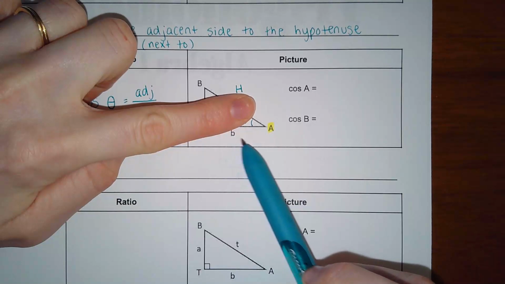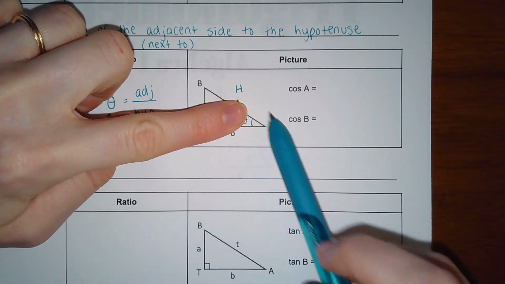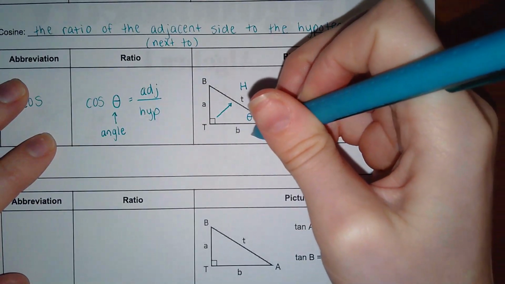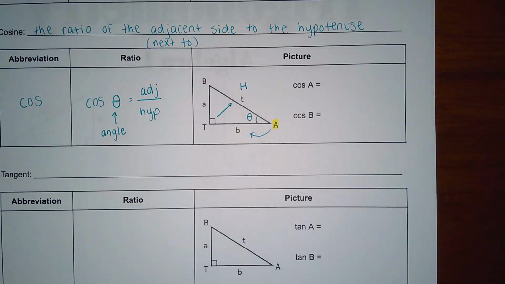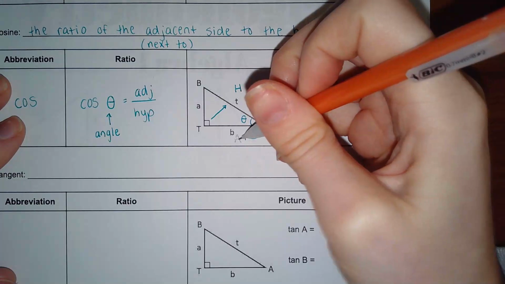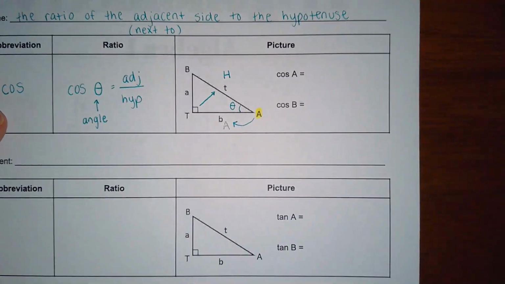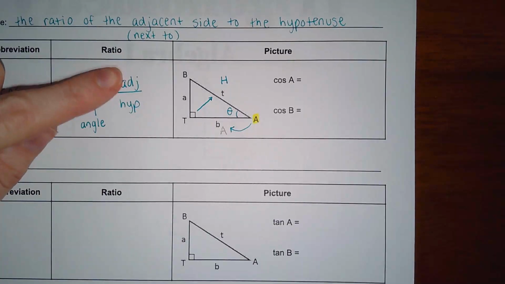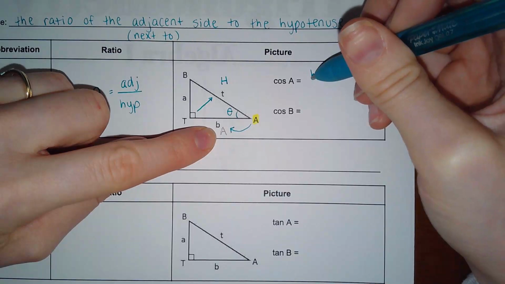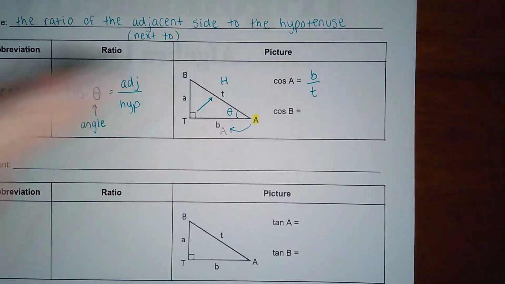Then this would be the other side next to angle A. So this side is next to it and this side is next to it. We're going to take the side that's not the hypotenuse, and we're going to call that our adjacent side. So if cosine is adjacent over hypotenuse, then our cosine here would be the adjacent side, which was B, over the hypotenuse, which is T.